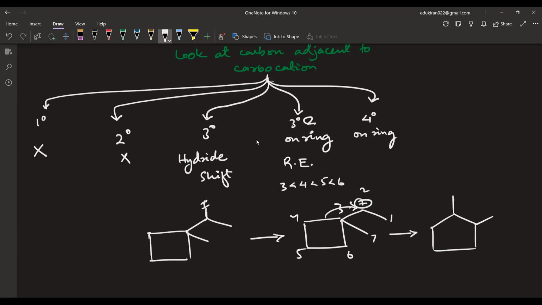Correct. Okay, fine. So this will be 2, this will be 3. The positive charge is making a bond with 3, 4, 5, 6, and this is 7.